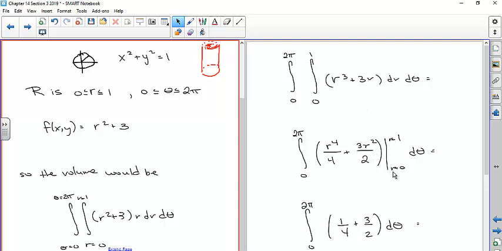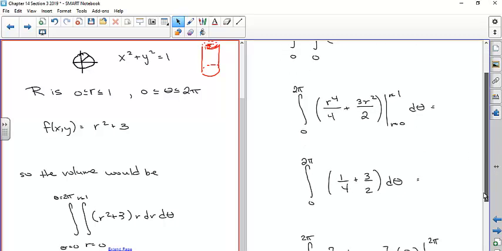We evaluate that between r equals 0 and r equals 1. At r equals 0, it goes to 0, so you get 0 for the lower limit. At 1, 1 to the 4th is 1, so you get 1/4 plus 3 halves. Added together, you get 7/4.